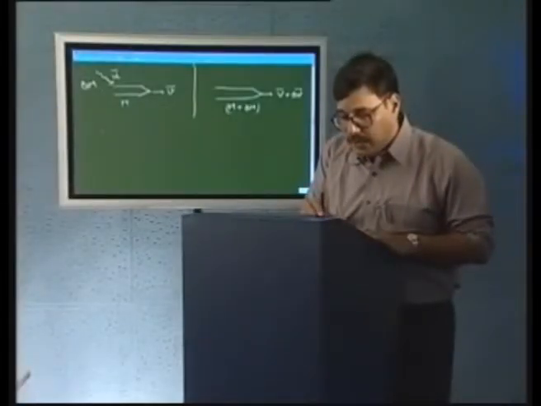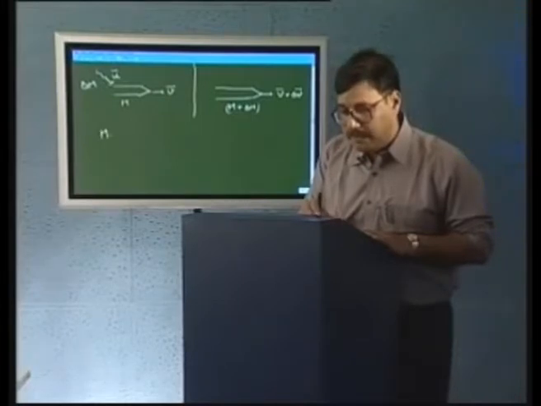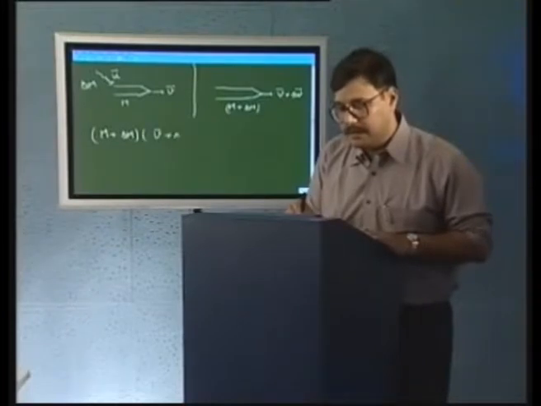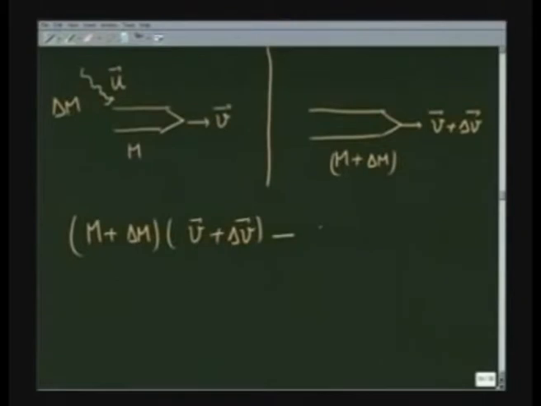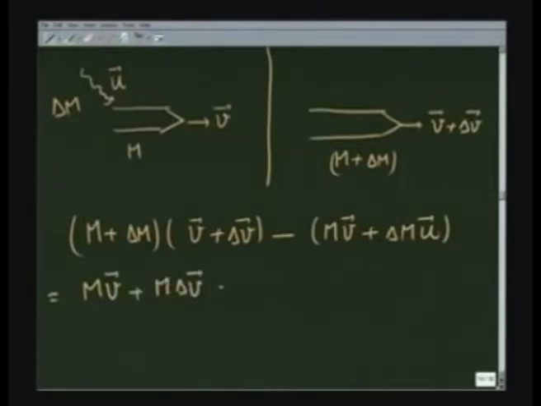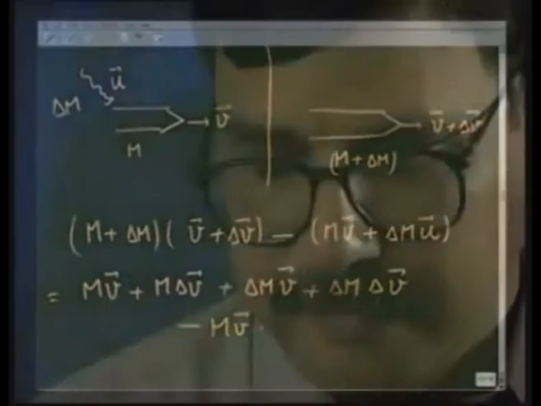So, the net change in momentum is the final momentum, which is (m plus delta m) times (v plus delta v), minus (m v plus delta m u), which is m v plus m delta v plus delta m v plus delta m delta v minus m v minus delta m u.